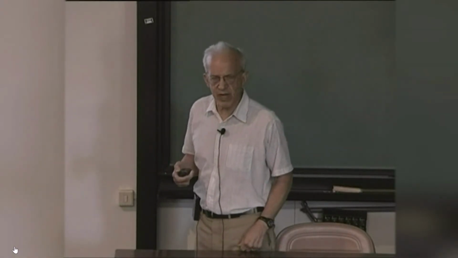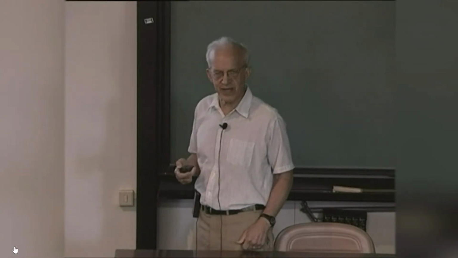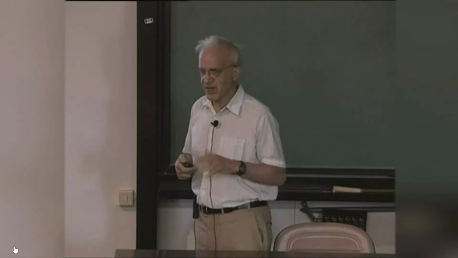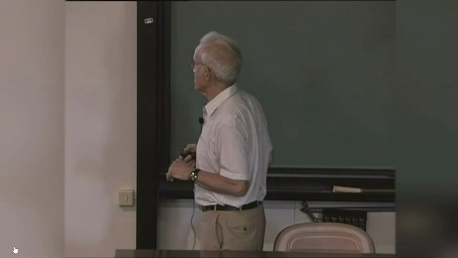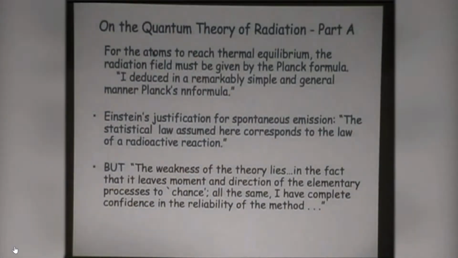So it was an intellectual problem then. It was a real intellectual problem for Einstein, but he did not face it right here. He just took it as an analogy. But he makes this comment at the end of the section: The weakness of the theory lies in the fact that it leaves moment and direction of the elementary process to chance, that is spontaneous emission. All the same, I have complete confidence in the reliability of the method. So he's saying there's a conceptual flaw in the method. Nonetheless, he thinks the method is correct.